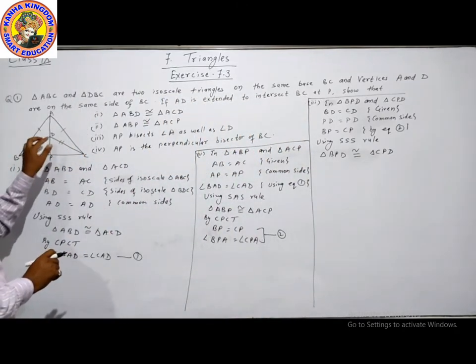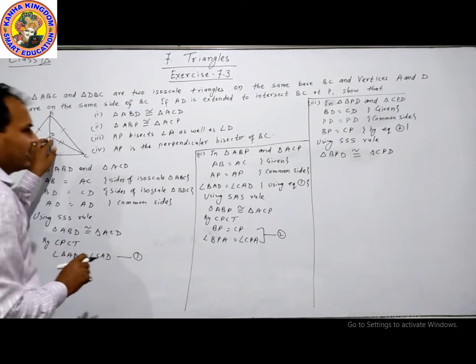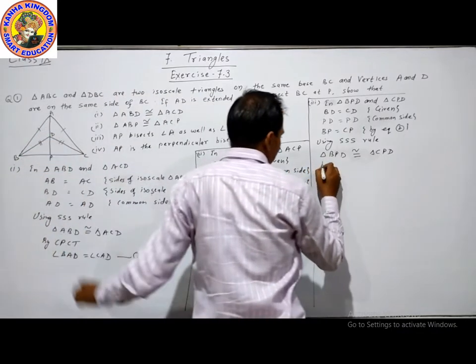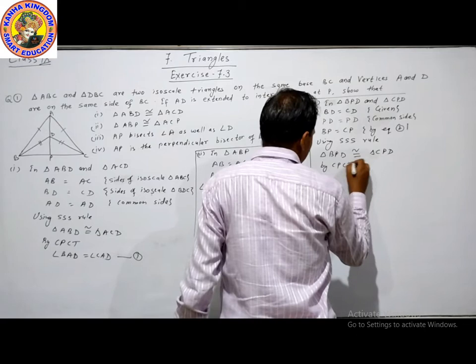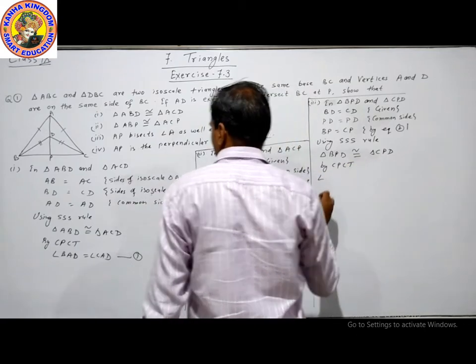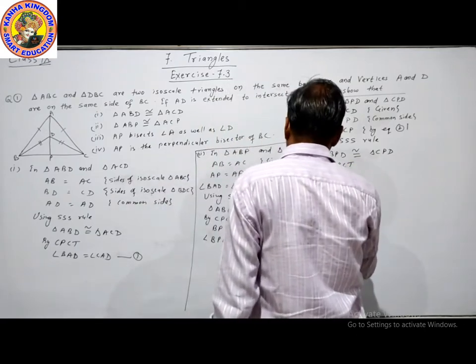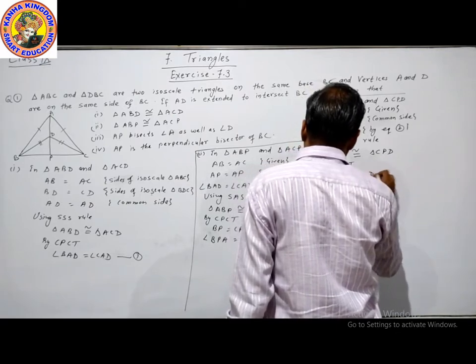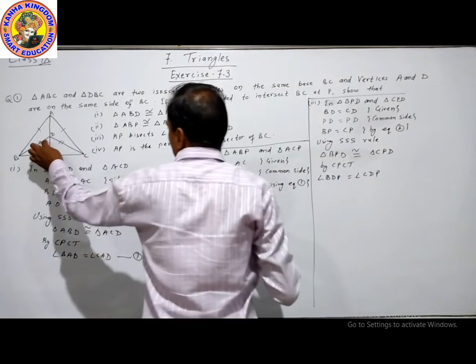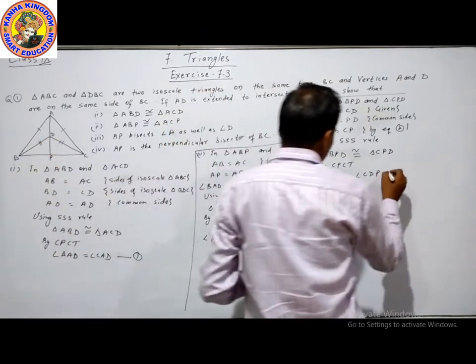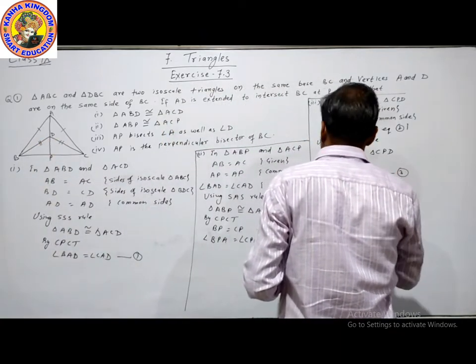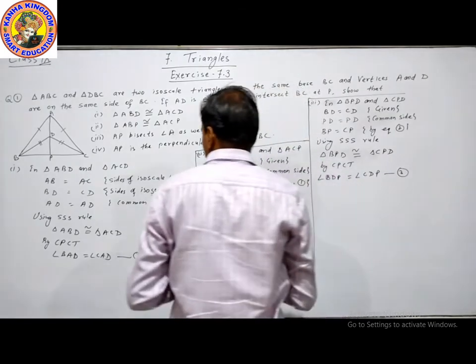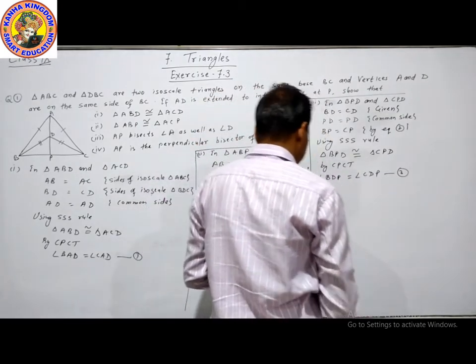By congruency, we know that angle D and angle D is equal. By CPCT, angle BDP is equal to angle CDP. This angle and this angle is equal. This is our equation number 3.